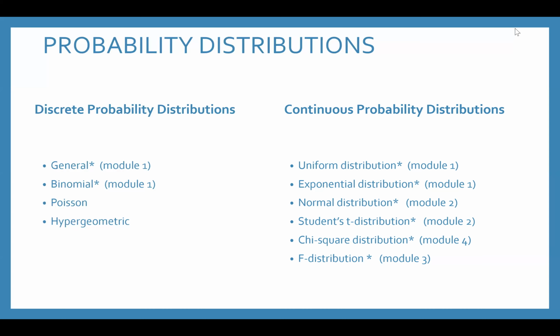We have the uniform distribution, exponential distribution, the normal distribution, which is one of the most powerful and most used continuous probability distributions in all of statistics, the student's t-distribution, chi-square, and the f distribution. So we're going to be talking a little bit about each one of those as we proceed throughout the rest of the course.